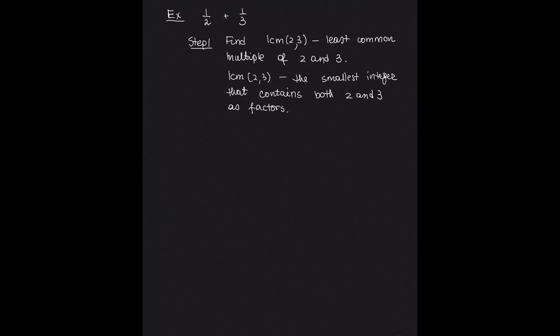So if we think about it, actually 6 is such a number. So 6 is the least common multiple of 2 and 3, because 6 is 2 times 3.